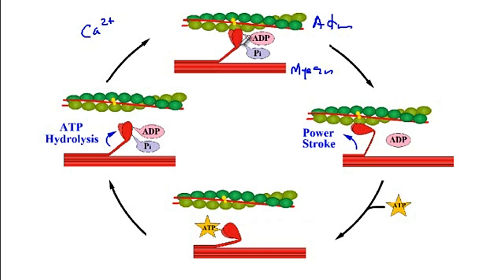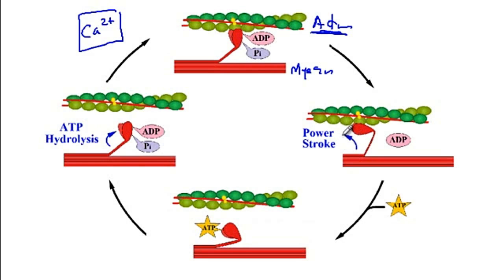So normally myosin cannot bind to the actin on the yellow spots because the tropomyosin or the red line has covered it. Upon release of the calcium, tropomyosin will be displaced on the actin filament, and thus the yellow spots, which represent the myosin binding sites on the actin, will be exposed. So at this stage, the myosin head can bind to the actin filaments.